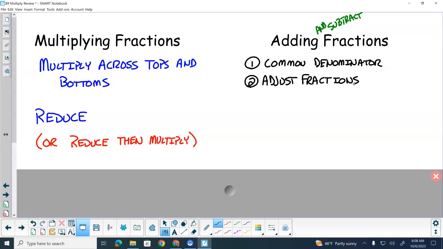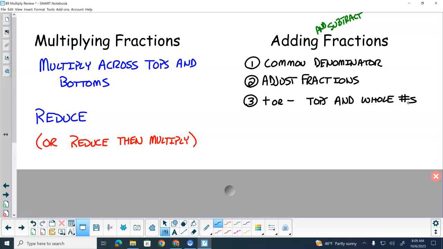Step number 3 for adding and subtracting. What do we got? The whole number and the what part of the fraction? The numerator, the tops. Yep. What about the bottom of the fraction, the denominator?